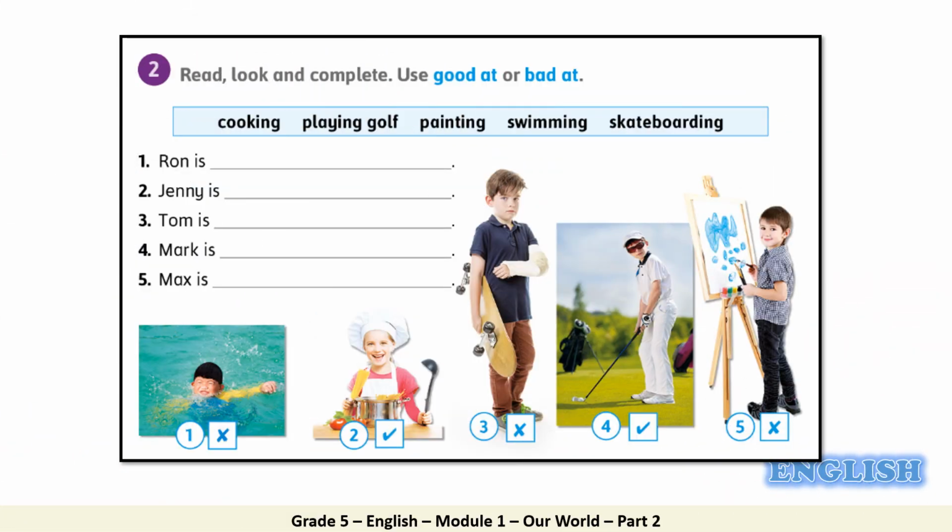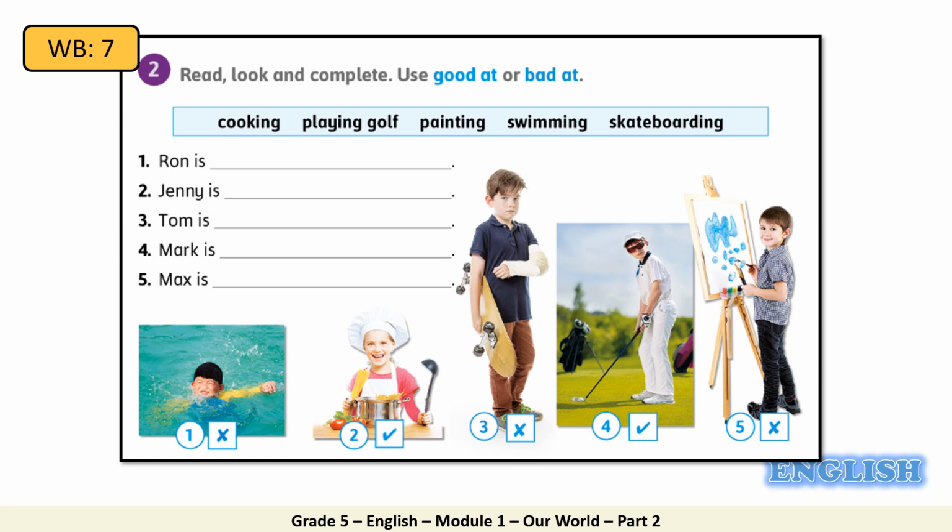Now open your workbook, page 7, exercise 2. In this exercise, you will use the words in the box together with good at or bad at to write about the pictures. For example, let's take a look at picture number 1. What is the verb? What is the action you can see? Swimming. Very good.